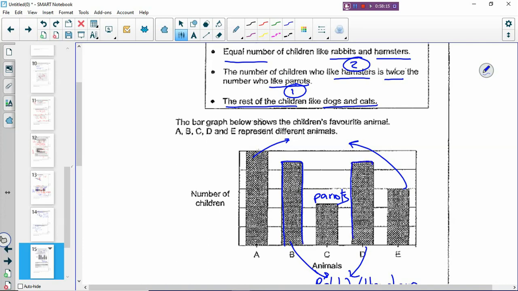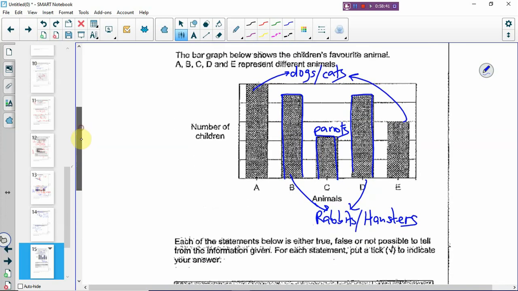This one also could be a hamster or rabbits, and the rectangle is twice the height of this rectangle, which is parrots. So parrots must be animal C. And the rest of the children like dogs and cats. So animal A and animal E could be dogs and cats. Am I correct? So this is what you can do on the bar graph, and then using that, you can solve.